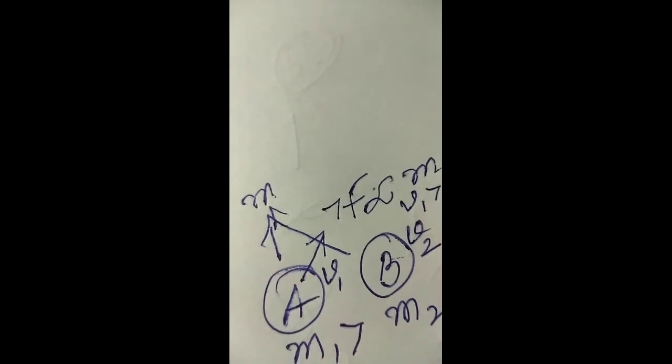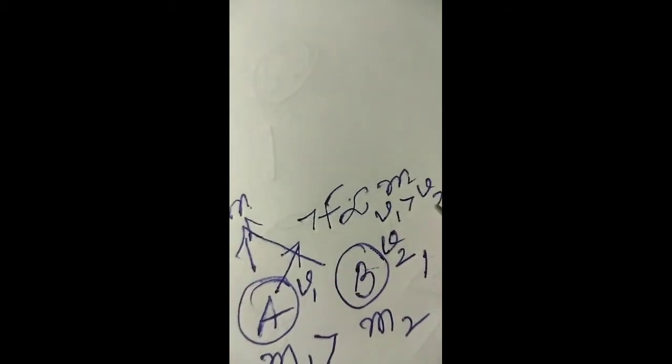Suppose when these two are moving, to stop body A requires more force again, since v1 is greater than v2. From this example, we can know that force is directly proportional to the velocity of bodies.